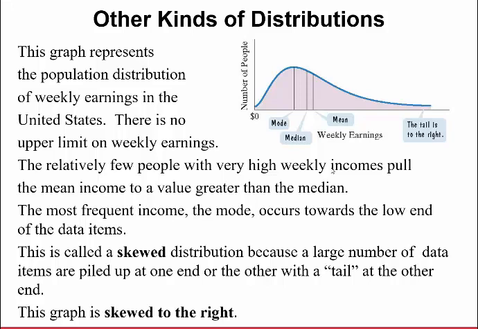The most frequent income, the mode, occurs to the left on the low end of the data items. When you have this tail that shoots off to the right, this is what we call a skewed distribution. A large number of data items are piled up at one end or the other with a tail to the other end. So this graph is what we call skewed right. You can also have skewed left. All right, thanks, class.